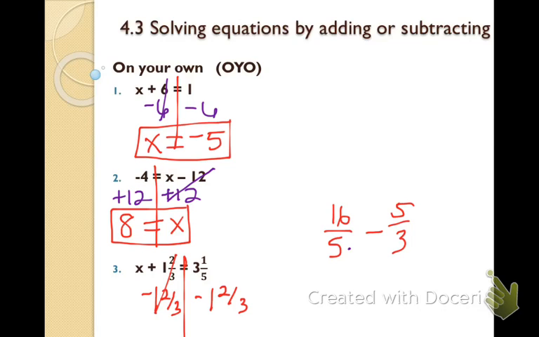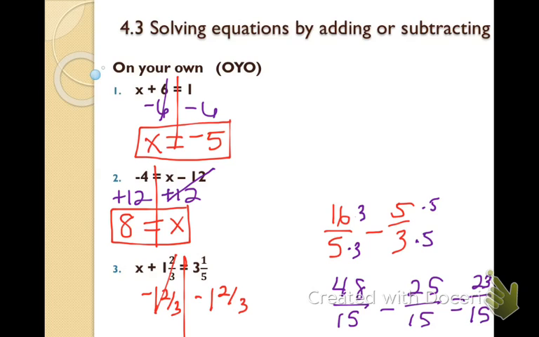I need to times 3 times 3 times 5 times 5. So I have 48/15 minus 25/15. 48 minus 25 is 23. So my answer is x equals 1 8/15. Answer. Good job.